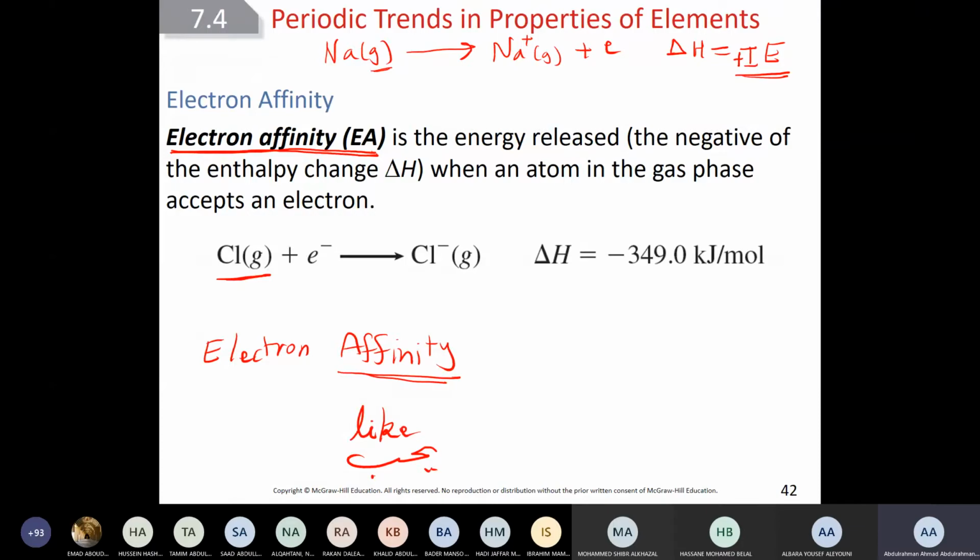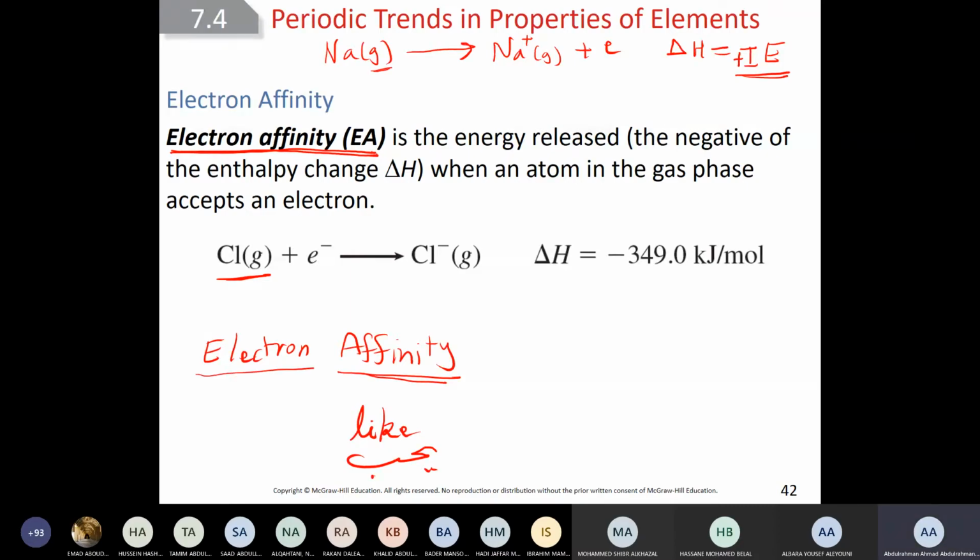This is a correct sentence. If you say, I have affinity to ice cream, what does that mean? Attraction to ice cream. You like ice cream. Clear? All right. But this is called electron affinity.